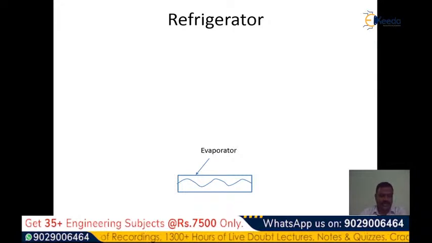Here it is the evaporator. What exactly does the evaporator do? This evaporator is a device where the working substance used in the refrigerator, the refrigerant, is changed from its liquid phase to vapor phase, that is gaseous phase, by receiving Q2 amount of heat from the surroundings.